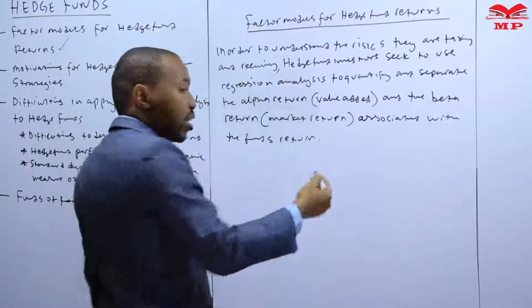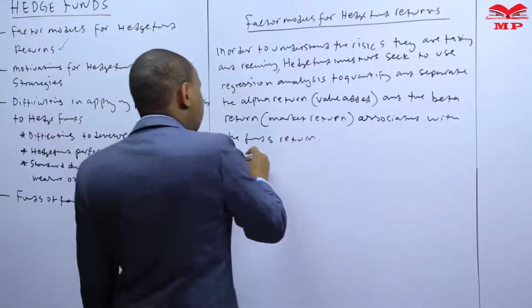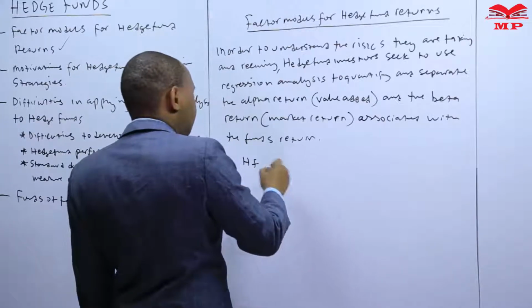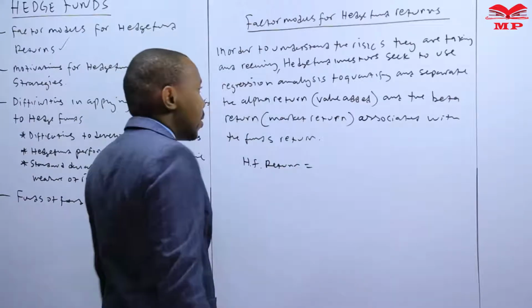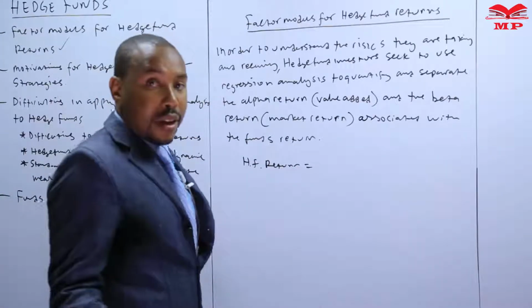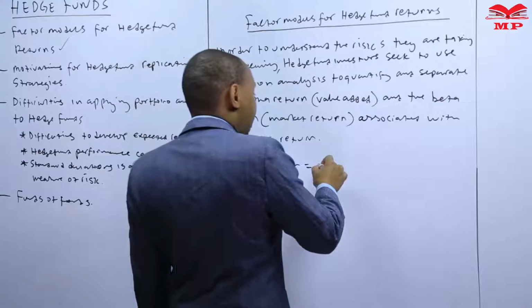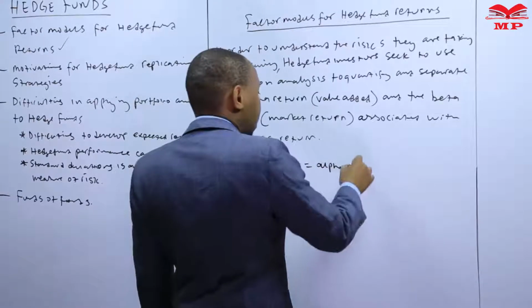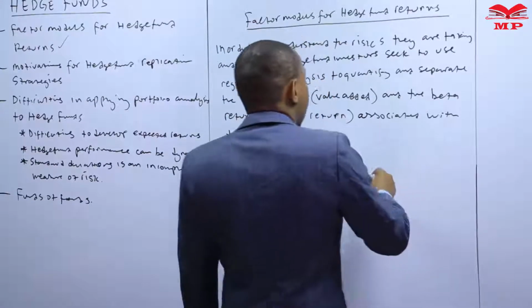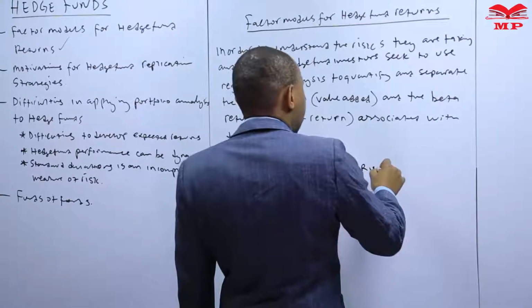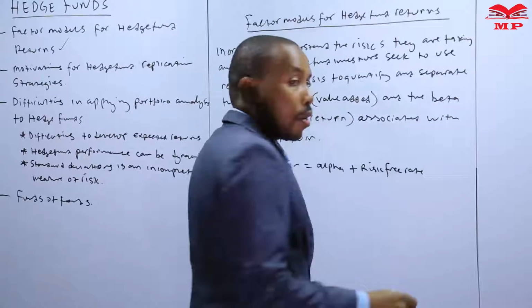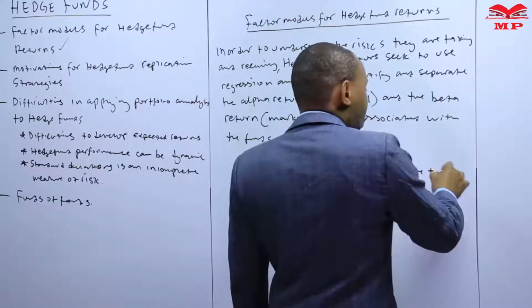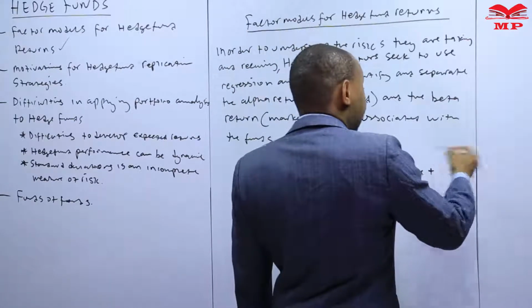that is used within the hedge fund universe. We're saying the HF return is given as the summation of the alpha plus the risk-free rate, and then we add the cumulative component of the beta times the factor sensitivity.